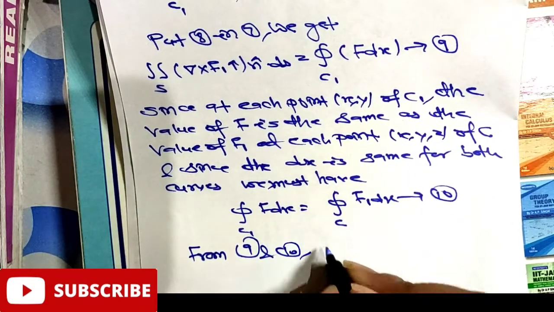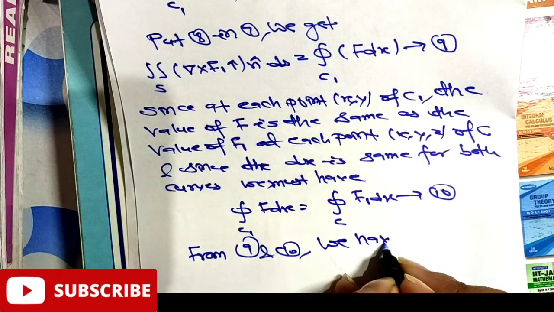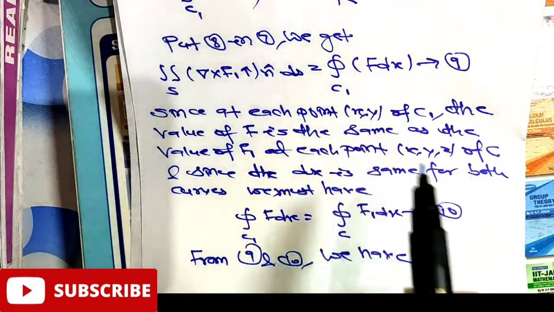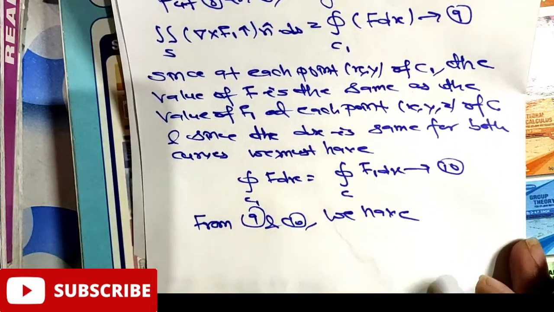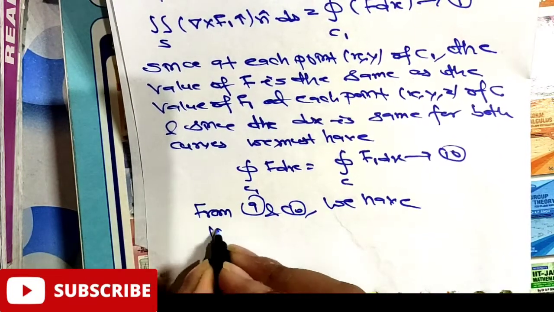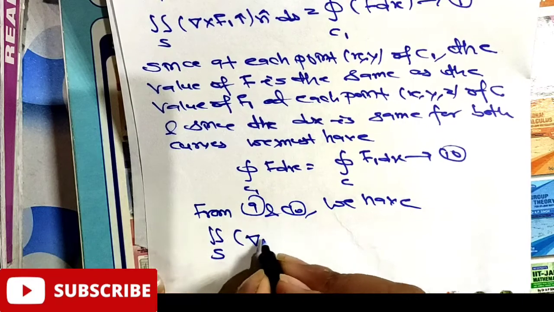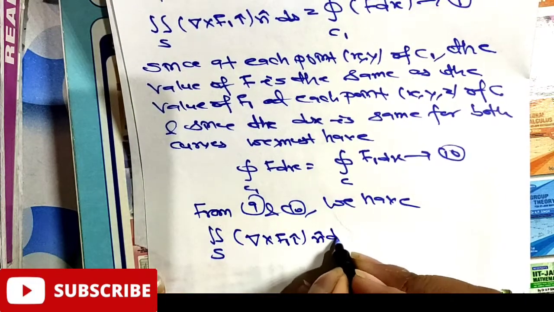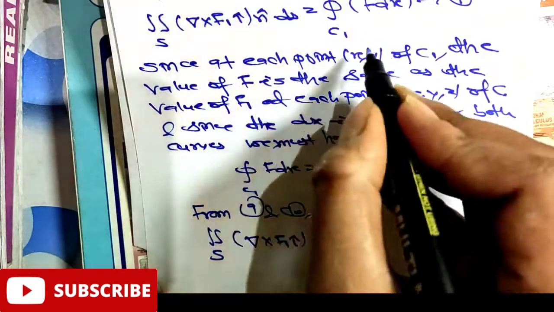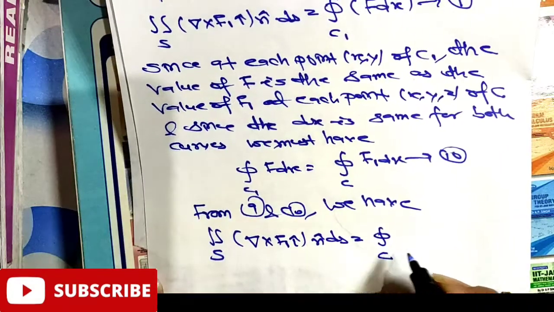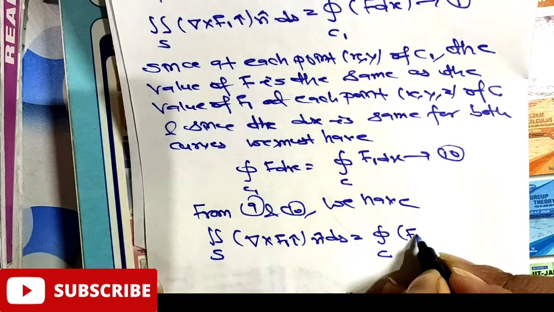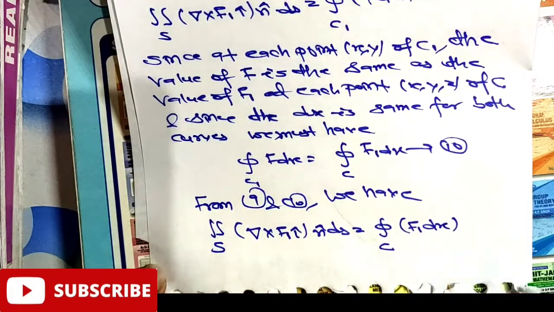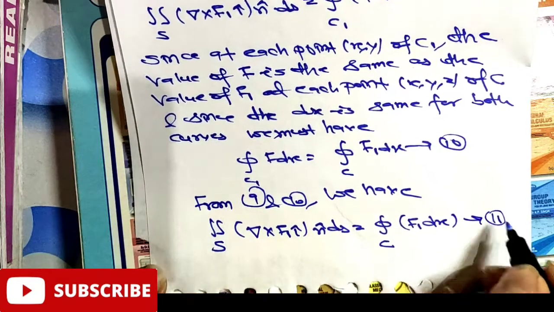So from 9 and 10, we will find that surface integral of del cross f1 i cap dot n cap ds is equal to line integral over C of capital F1 dx. Give it equation 11.